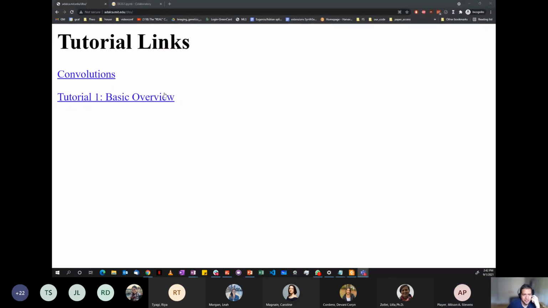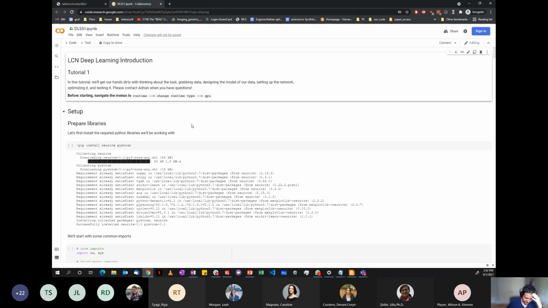Me going through the tutorial in front of everyone is probably the least effective way to do this, so I'd like everyone to go to it. As a meta comment, this tutorial is written in a framework called Google Colab.